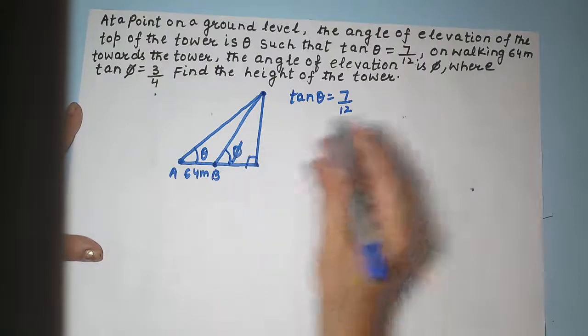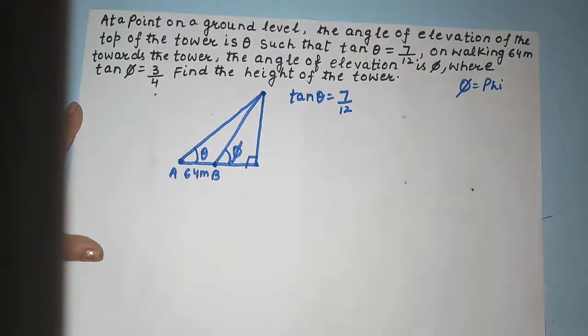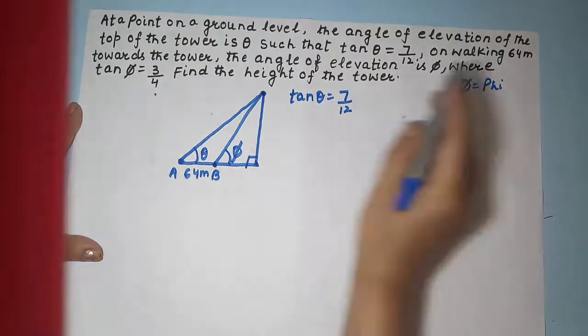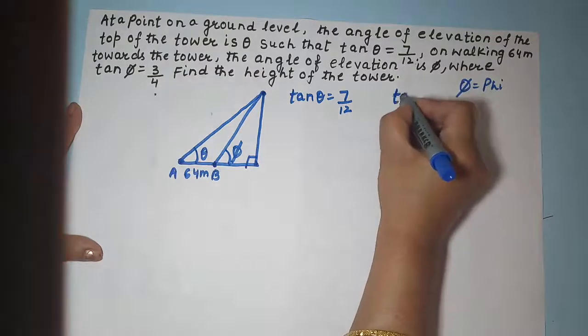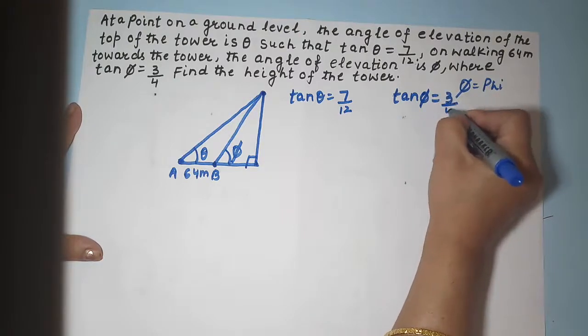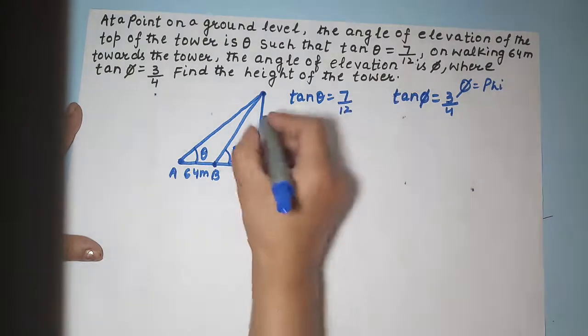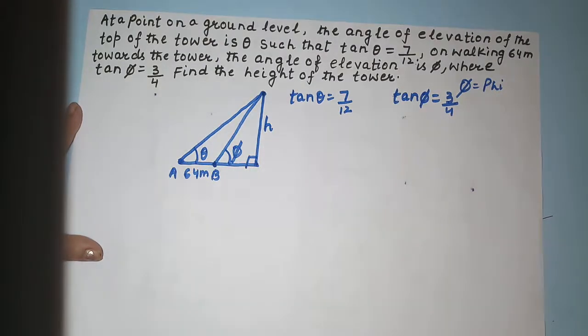This sign is called phi. It's a Greek letter, right? Where tan phi, and he has also given us the value of tan phi as 3 by 4. Now, he wants us to calculate the height of the tower. Now, this h we have to calculate.